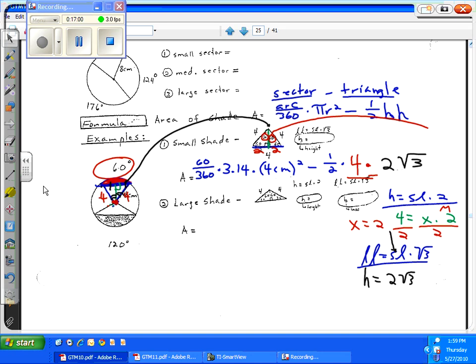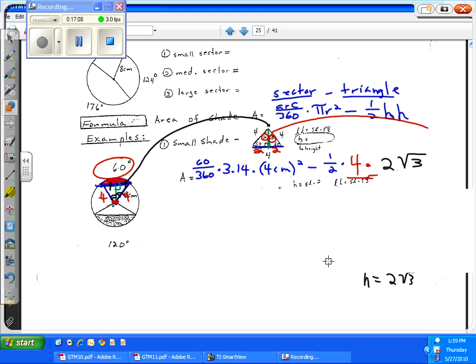So we had a little bit of manipulating to do. I'm going to get some things out of the way so we can focus on what we did. We said, okay, I want the area of this little red shade. So I'm going to take this whole sector minus the triangle. Sector is arc over 360 times pi times radius squared.